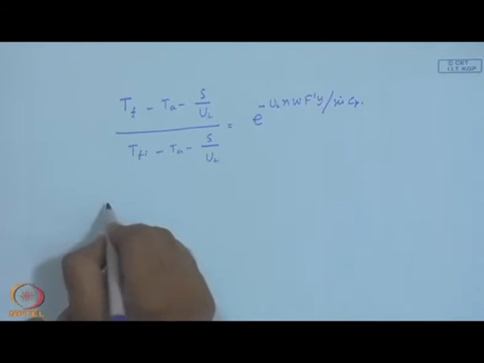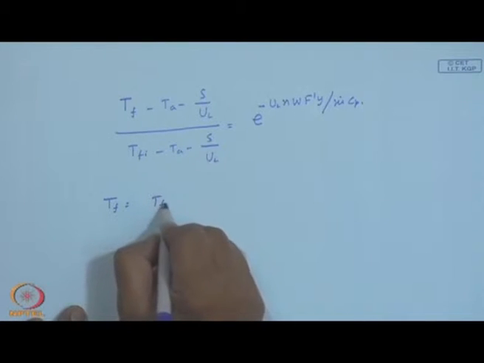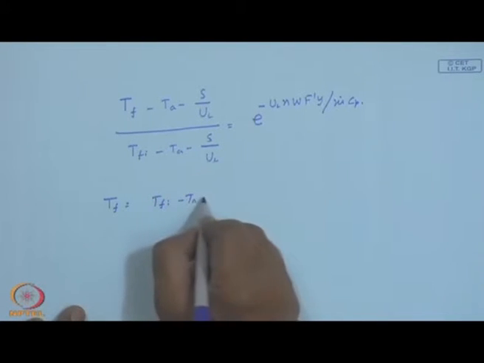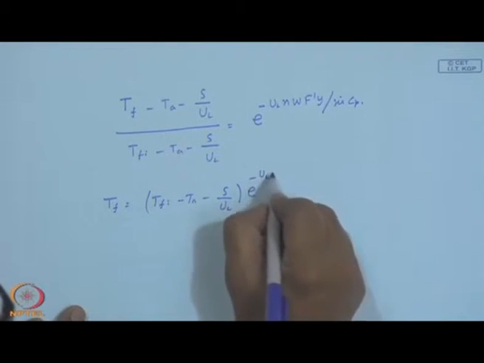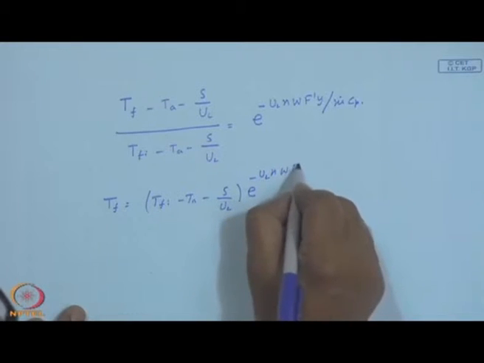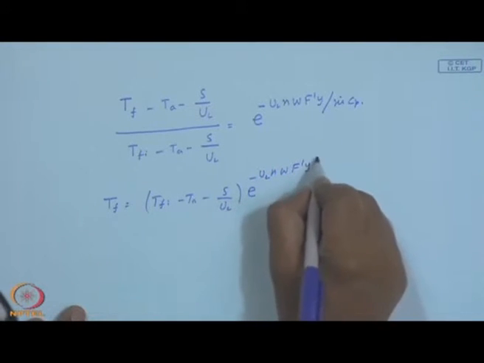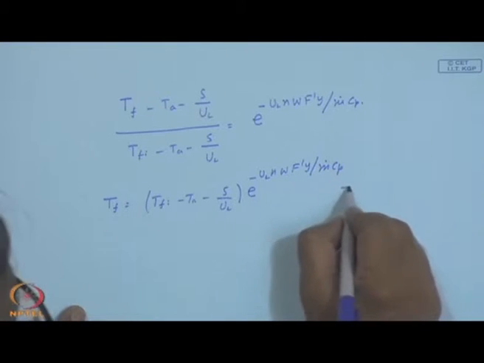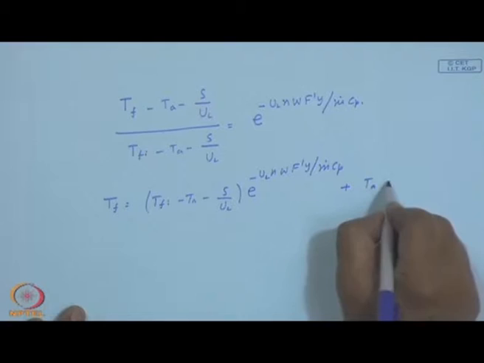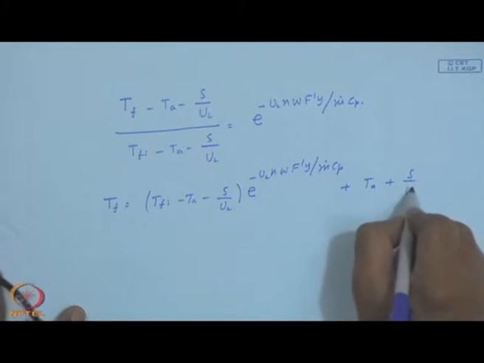So, one can express again T f as T f i minus T a minus S upon U L times e to the power minus U L n W F dashed y over m dot C p plus T a plus S upon U L.